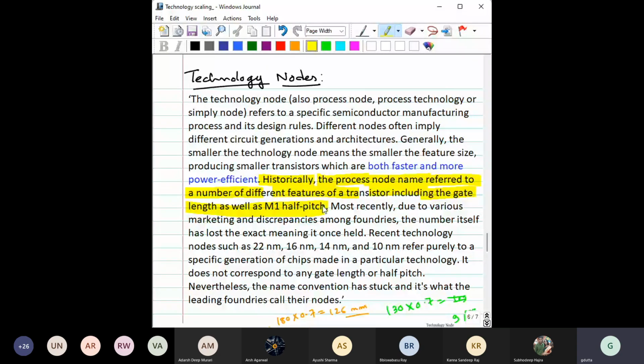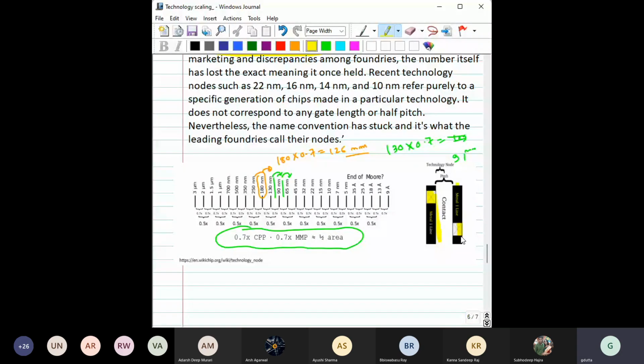Then afterwards, what happened? It was very difficult to scale the gate dimension as per the technology node. So people shifted to another technique. They said, now we are changing our nomenclature. We will define the technology node by the separation between the metal layer 1.